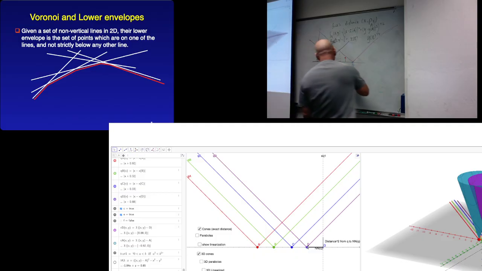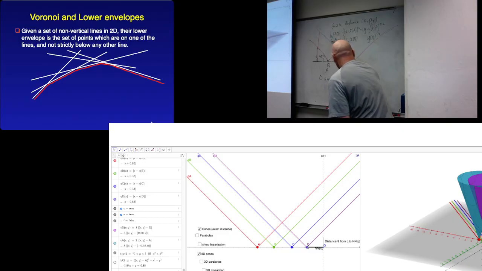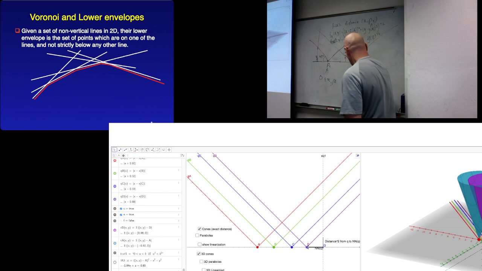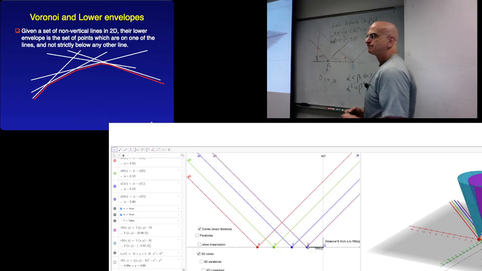And let's say that alpha is smaller than beta. So that's true if and only if alpha squared is smaller than beta squared.